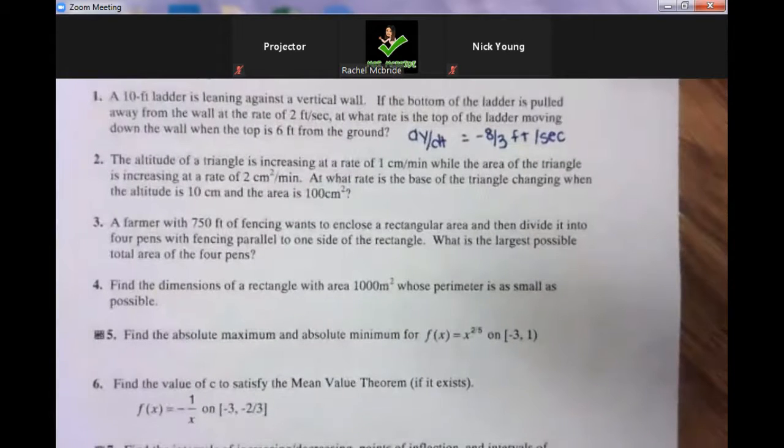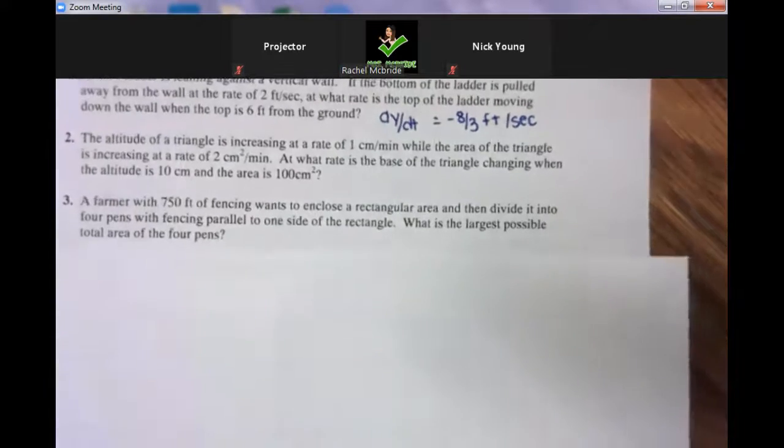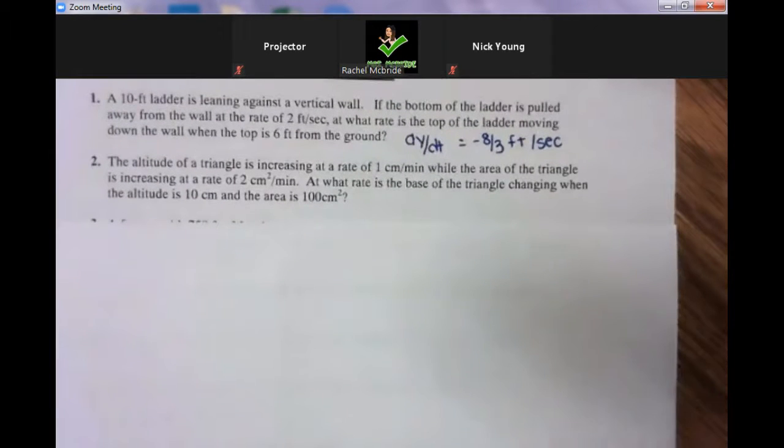Okay, number 2. The altitude of a triangle is increasing at a rate of 1 centimeter per minute, while the area of the triangle is increasing at a rate of 2 centimeters squared per minute.